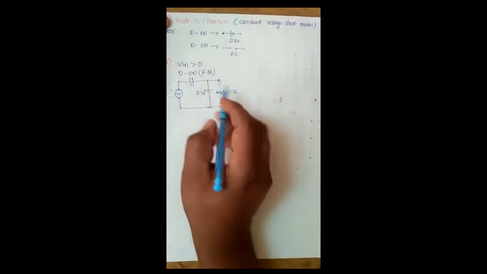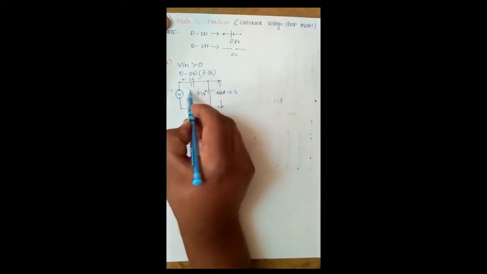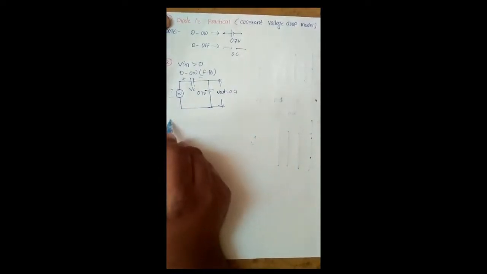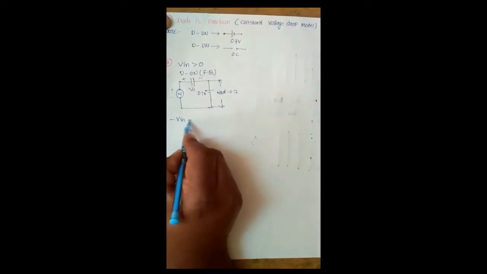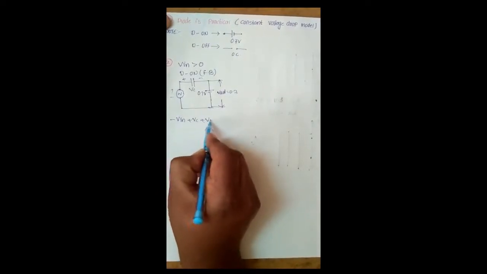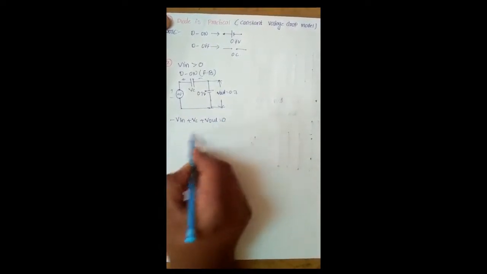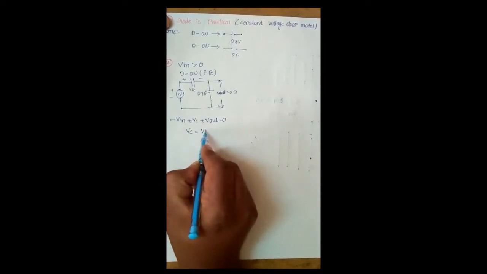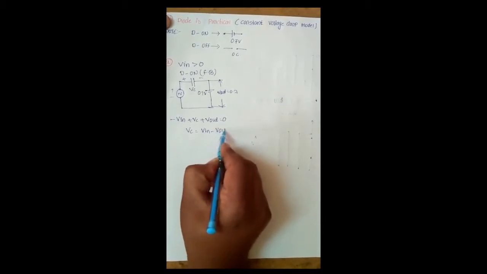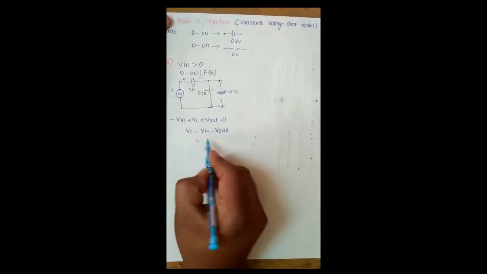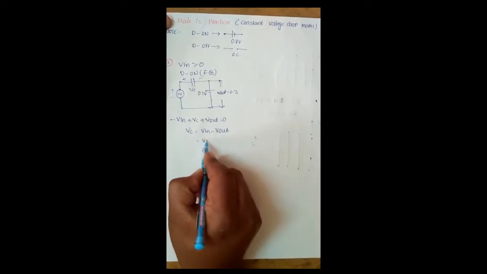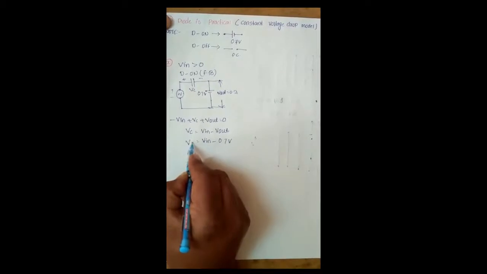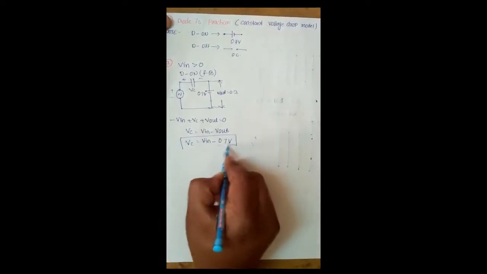Clear? Now we can estimate how much voltage is across the capacitor. Applying KVL in this loop, we get minus Vin plus Vc plus Vout equal to 0. Therefore the voltage across the capacitor Vc equals Vin minus Vout, and Vout is 0.7 volts, so Vc equals Vin minus 0.7 volts.